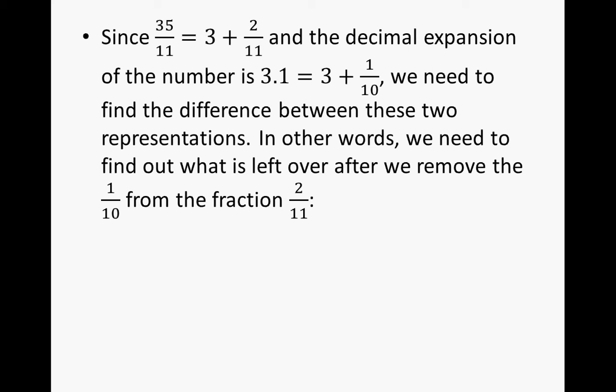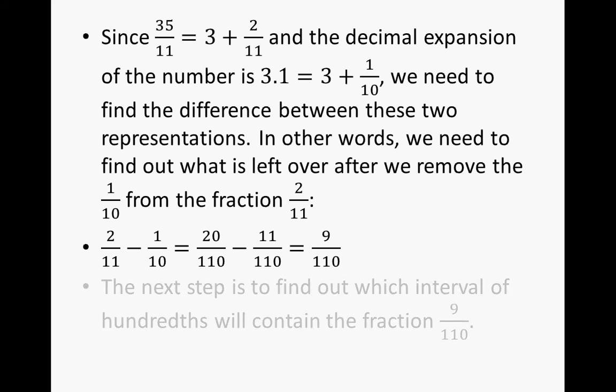In other words, we need to find out what is left over after we remove the 1/10 from the fraction 2/11. So we have 2/11 minus 1/10 is equal to 20/110ths minus 11/110ths, and that would give us 9/110ths. So the difference between 2/11 and 1/10 is 9/110ths.